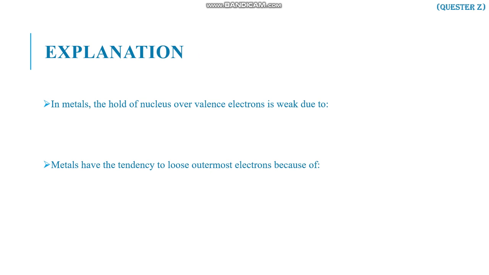Those electrons have a very weak hold of the nucleus. Because the hold of the nucleus is quite weak, metals have the tendency to lose outermost electrons. Those electrons can be removed from that particular metal atom very easily.